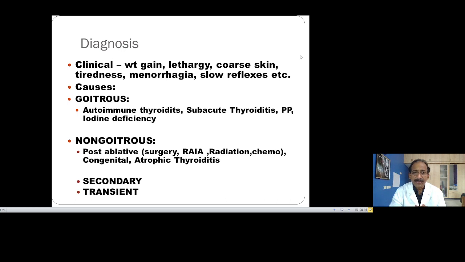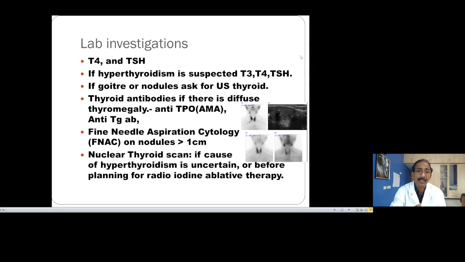Atrophic thyroiditis. These are all non-goitrous. Just to clinically differentiate what it could be, you divide carefully between the variety of differentials. Secondary is very rare, but again, you need to think about it when you have atypical thyroid function tests. Transient hypothyroidism is usually in a newborn, and it gets corrected after some time.